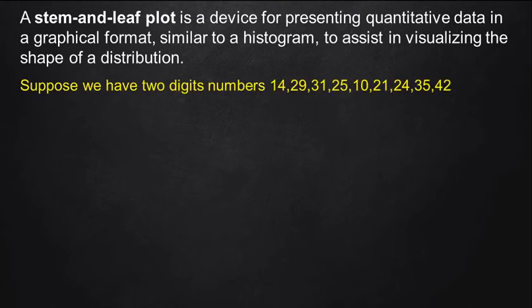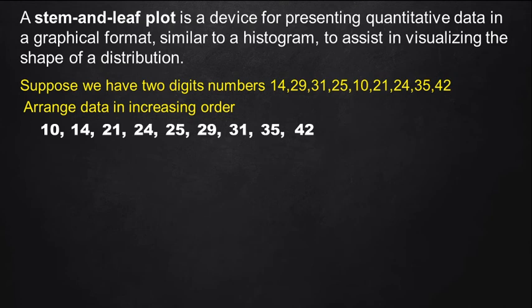So, in stem and leaf, suppose we have the 2 digit numbers 14, 29, 31, 25, 10, 21, 24, 35 and 42. Now, first we arrange this data into increasing order. So, we have 10, 14, then 21, 24, 25, 29, then we have 31, 35, then the last one is 42.